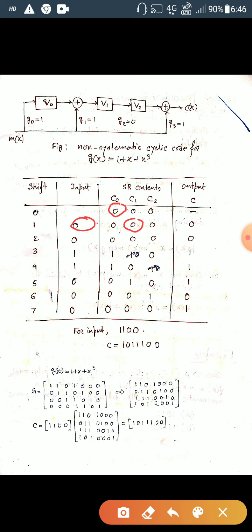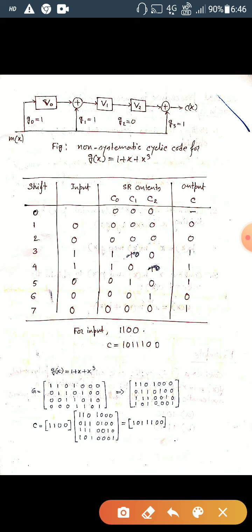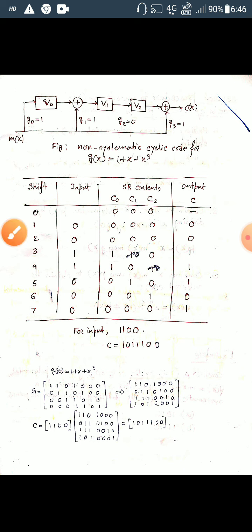Okay, so 0 and 0 is our operation, and the result is 0. To get the value of v2, or c2 in this case, this will depend only on the previous value of c1, so here 0 will be reflected in this position. So check each and every case.